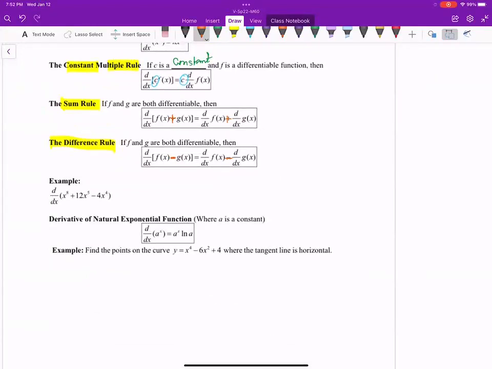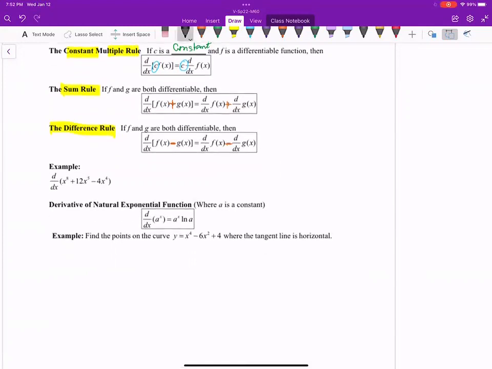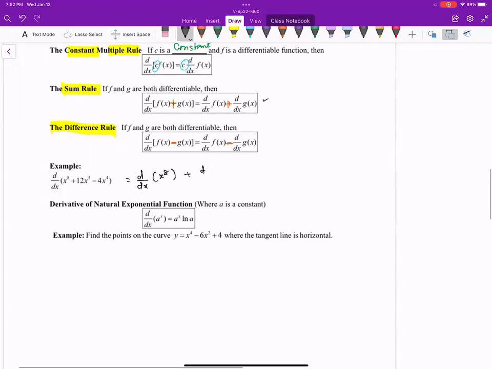Find the derivative of x to the 8 plus 12x to the power 5 minus 4x to the power 4. We can apply the derivative to each expression using the sum rule. So it is the derivative of the first plus the derivative of the second plus the derivative of the third. The derivative of the first is 8x to the power 7. For the second, 12 is a constant which can be taken out.